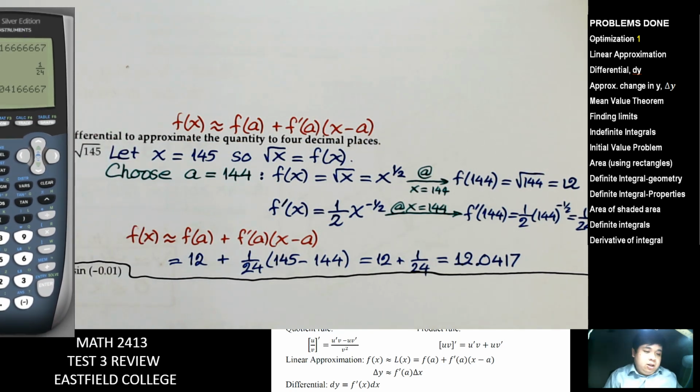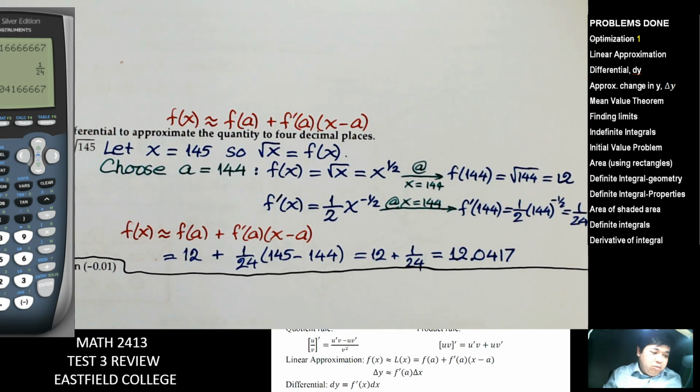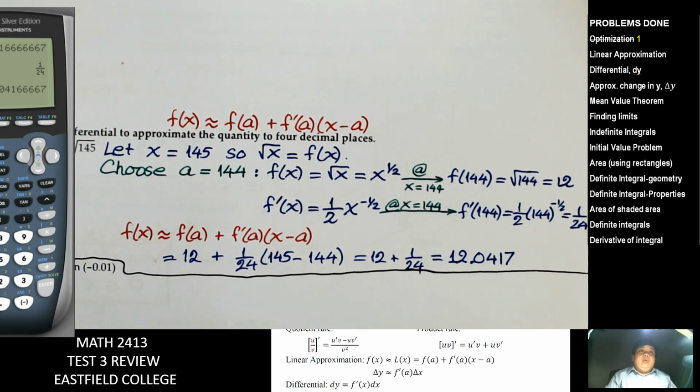So pretty much we let x equal the only number in the problem, and then we choose a. We do the same thing on number 4.